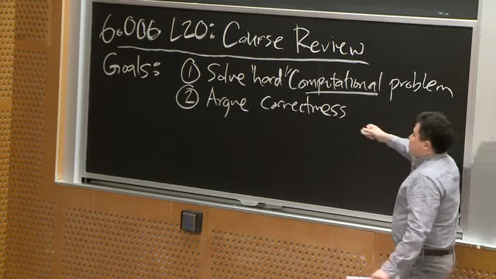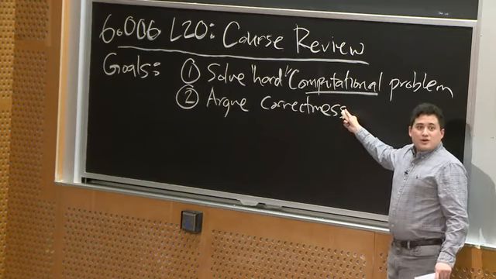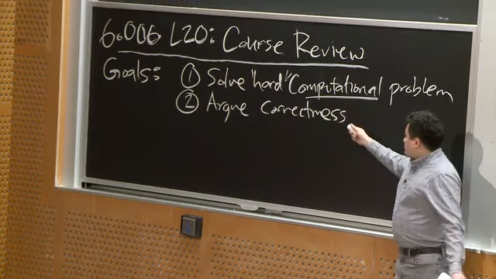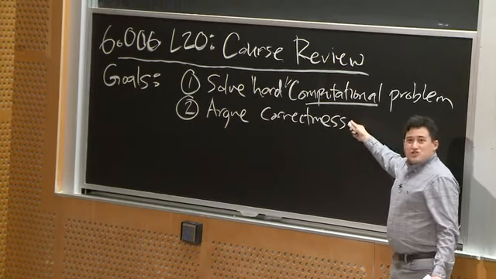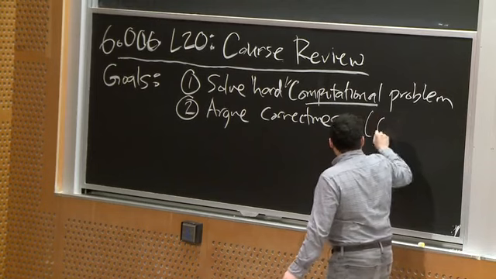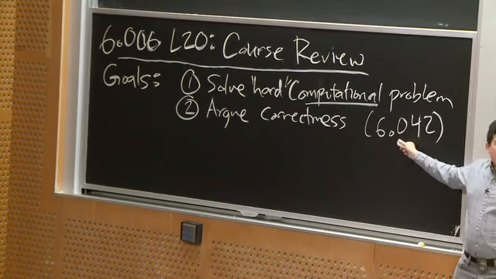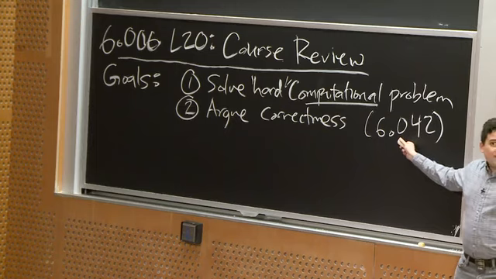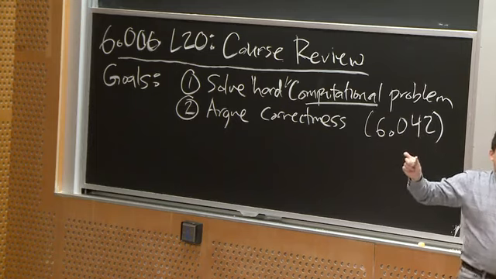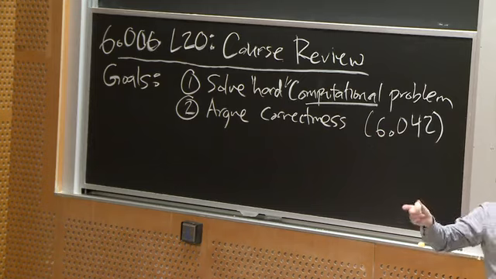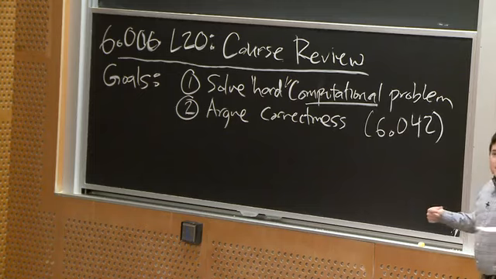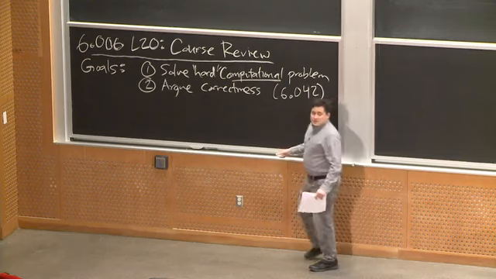We need to be able to argue correctness that it's going to return me the correct thing no matter what my inputs are, and in order to do that, that's 6042, right? This whole class has basically been applied 6042, right? I've given you some procedures, and you have to prove things about these procedures. Or most of the time, we proved it for you, and then you've used them as black boxes, right? But that's a lot of what this class is about.